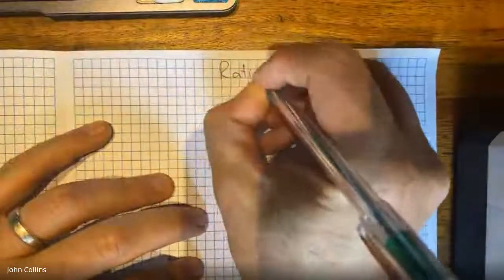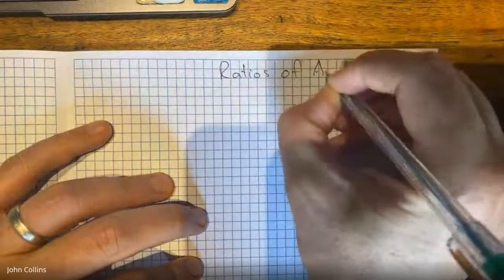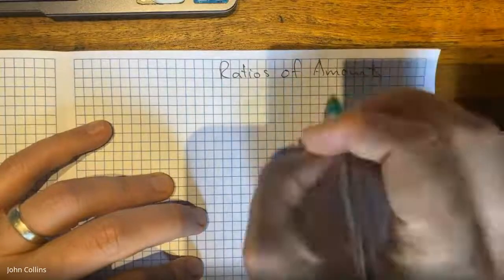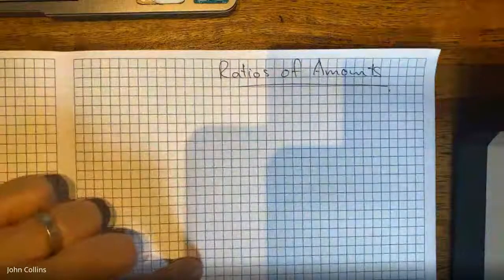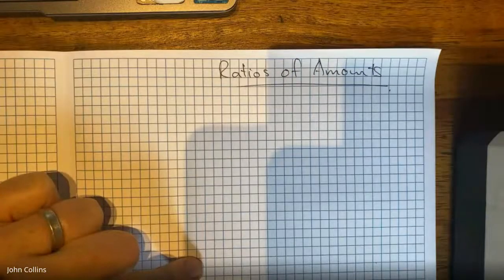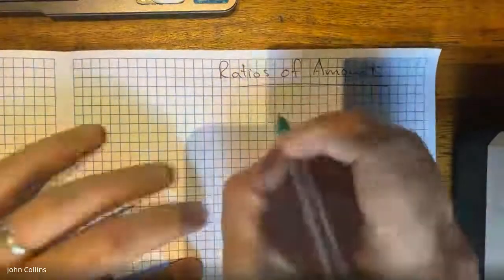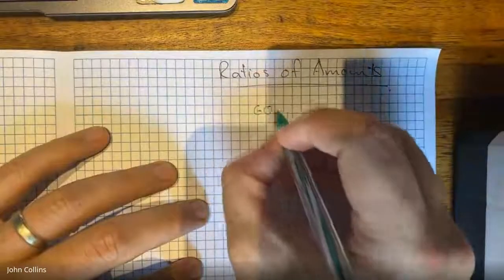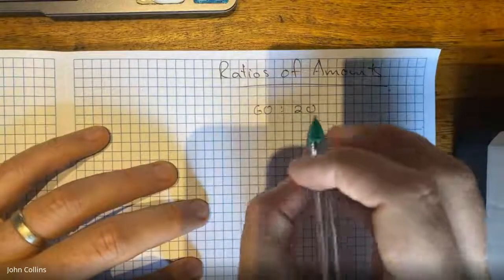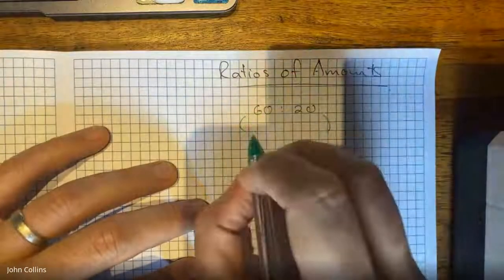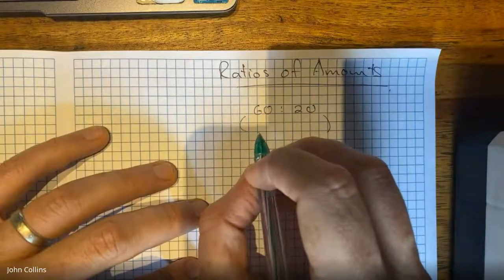So today we're looking at ratios of amounts. Yesterday you should have come across ratios and how we simplify them. If we remember from yesterday, if we have a ratio maybe 60 to 20, as long as we have the same divisor on both sides, it's the same ratio.